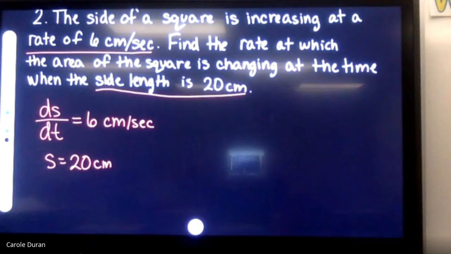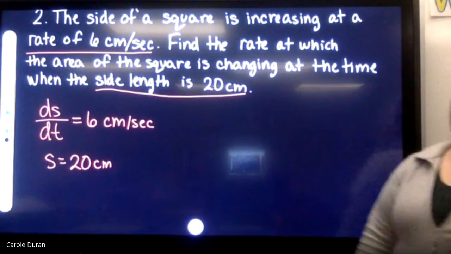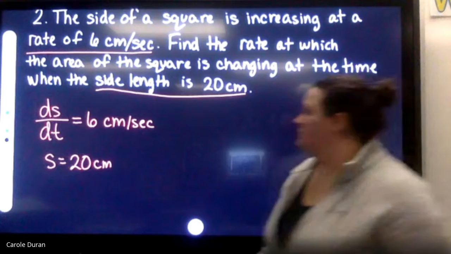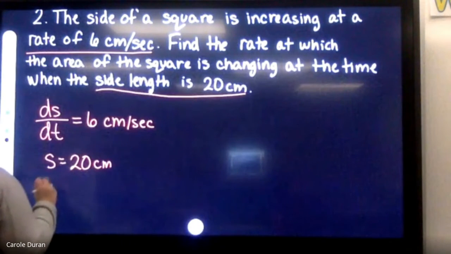What am I solving for? The rate at which the area is changing in terms of time. So dA over dt is what we're solving for. That's my question mark.